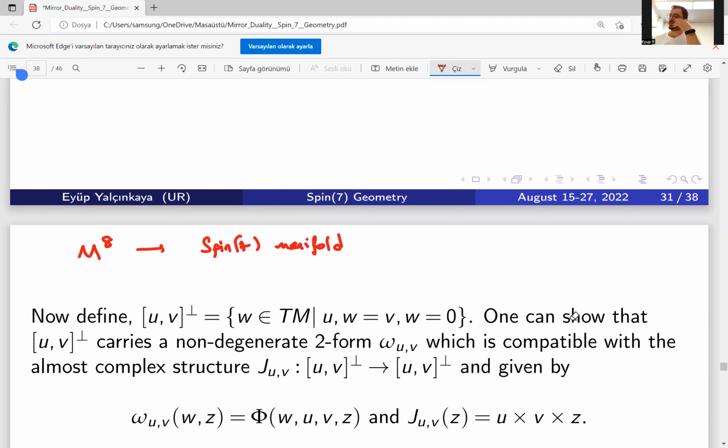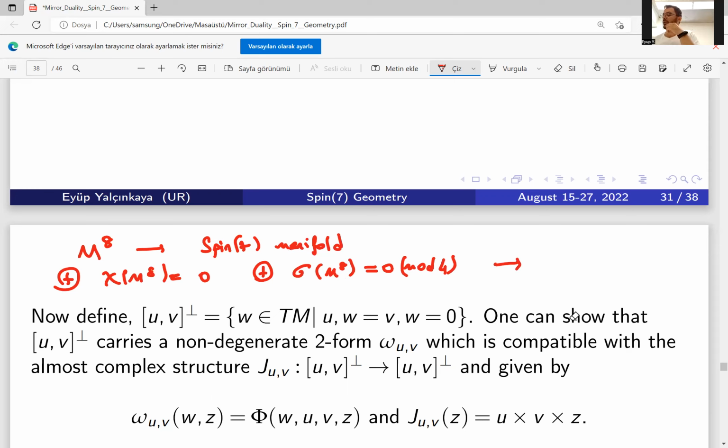And for these spaces, if you have the extra condition, the Euler characteristic of M8 equal to 0, and also the signature of M8 equal to 0 modulo 4, we can say that we have a two plane field on the tangent space, and a two plane field means two vector fields on these spaces.